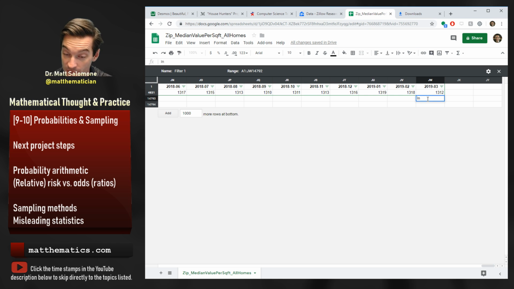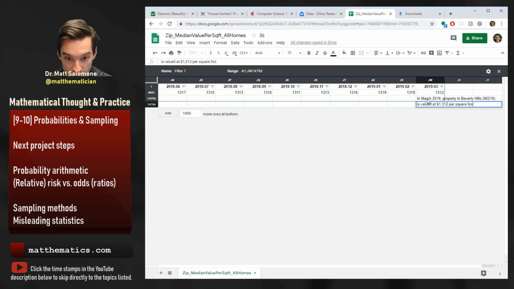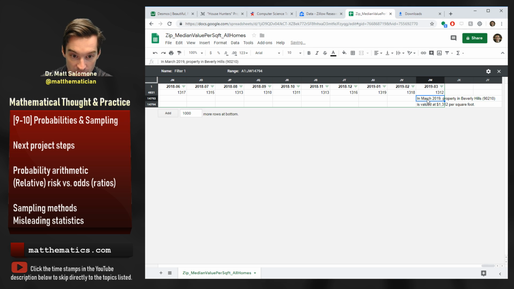What the meaning of this number is in the data is that in March of 2019, property in Beverly Hills, the zip code 90210, is valued at $1,312 per square foot. Okay, so that's the meaning of this number that's part of our data.